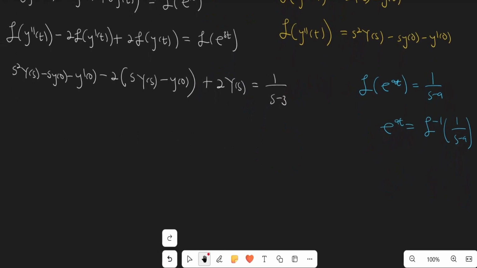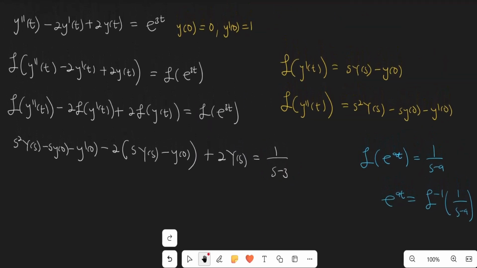Cool. So now we will have to plug in the initial conditions. y of 0 is 0, but y prime of 0 is 1. So let's plug that in and simplify our result. s squared multiplied by Y of s, minus 0 from the initial conditions, and then y prime of 0 is 1, so that is 1, minus 2 times s Y of s.